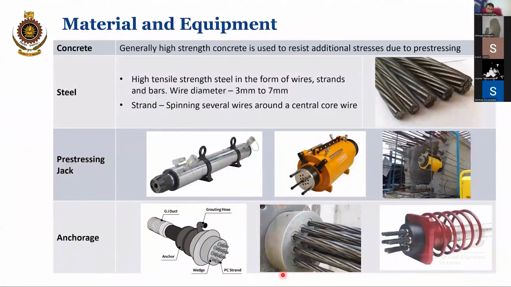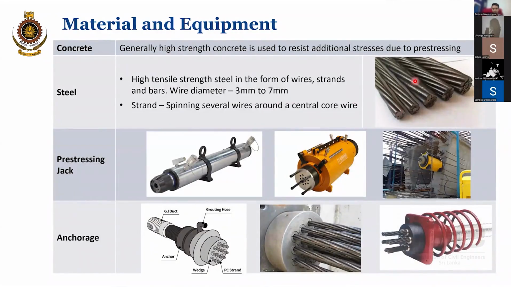So these are the particular equipment that we use. Unlike reinforcement, the diameter of these pre-stressing tendons is small, 3 to 7 millimeters, and by spinning several wires around a central core, we generate what we call a strand.